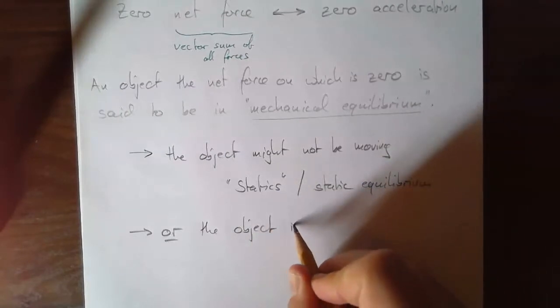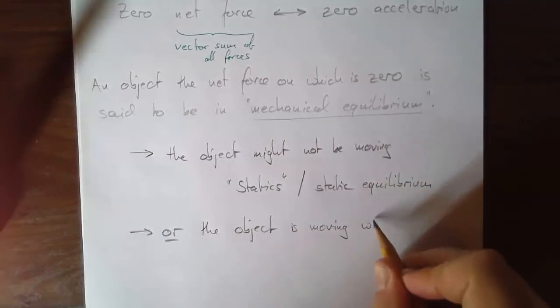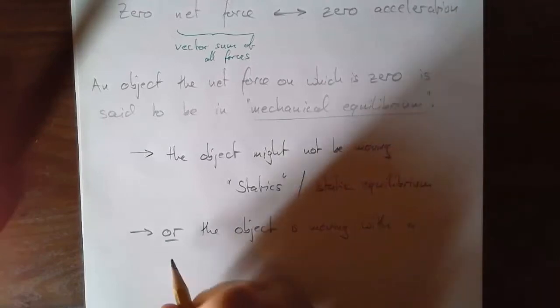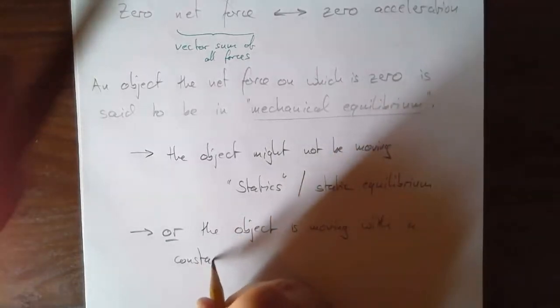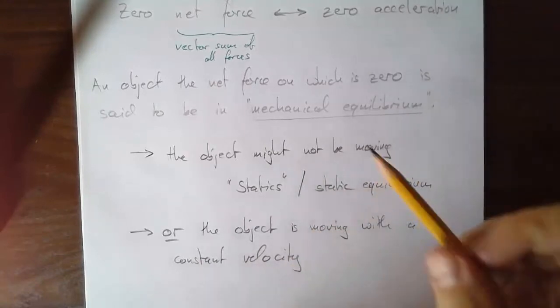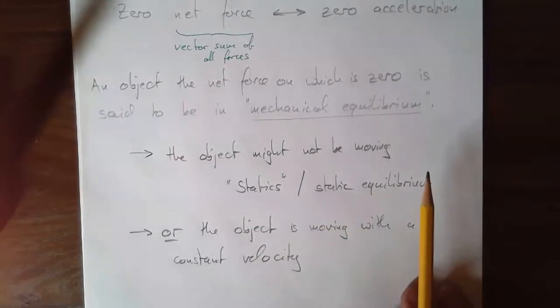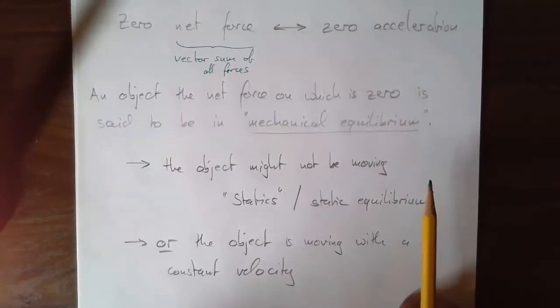So the object is moving with a constant velocity. So either case, 0 acceleration, the net force on the object must be 0.